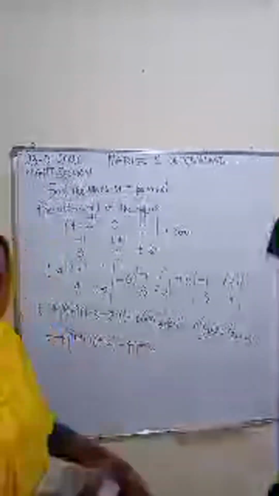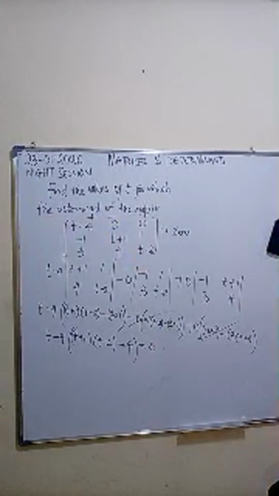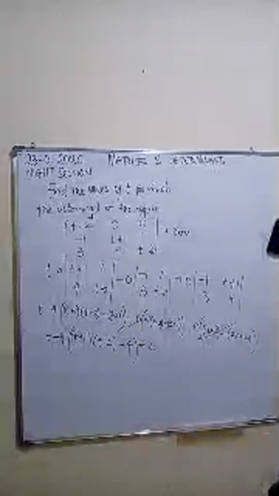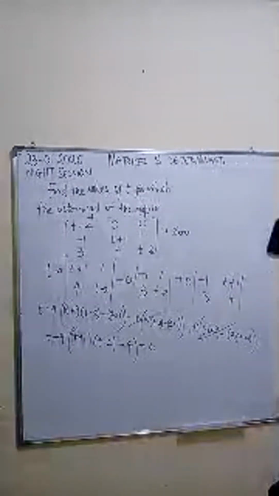So who can tell me, should I expand or leave it that way? Tell me in the comment section. Yes, Sarah, I'm glad you understand what I mean. If we expand, yes, let's expand it because of that t minus 4. I have that minus 4 there.